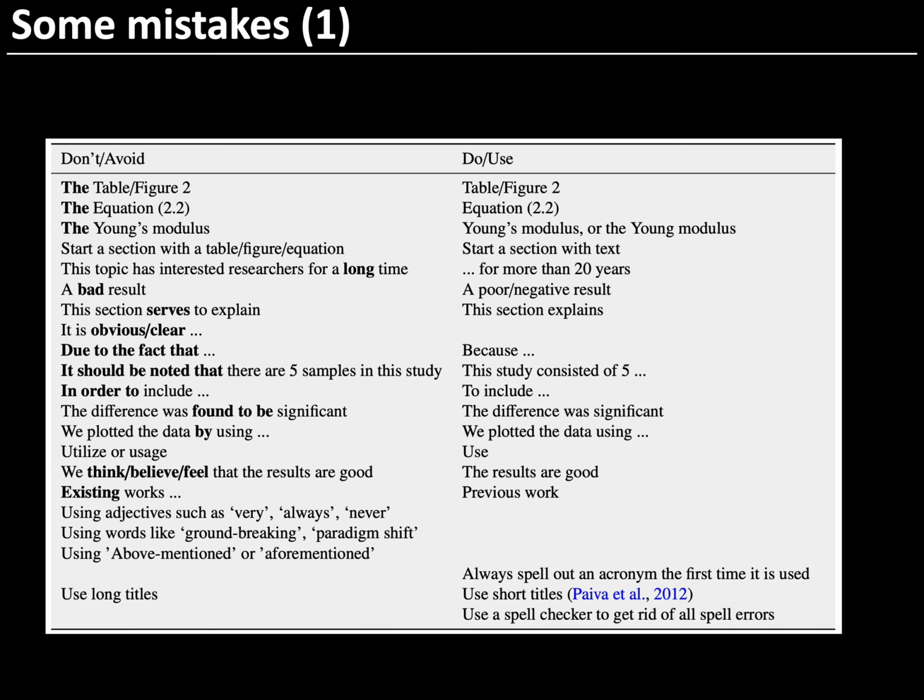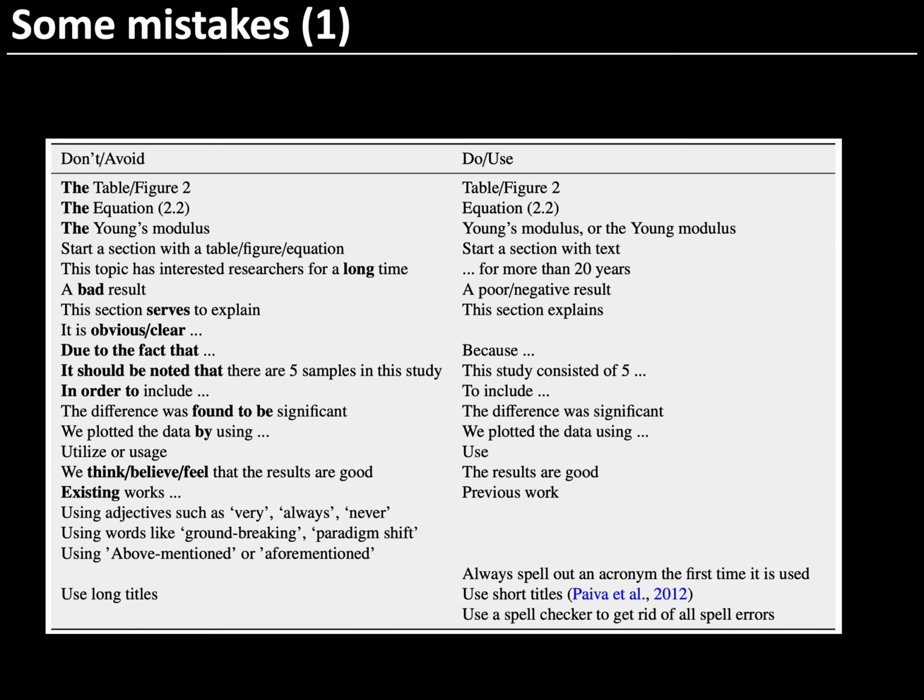There are some mistakes. On the left column is what to avoid, and on the right column is what to do. I think I don't have to explain that. Just do that. For example, "due to the fact that": in the past I loved this because it sounds like I'm very good at English. That's why I used it. But now, just "because".